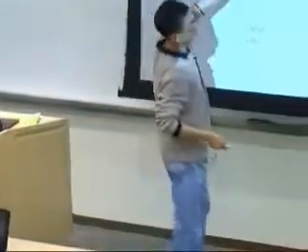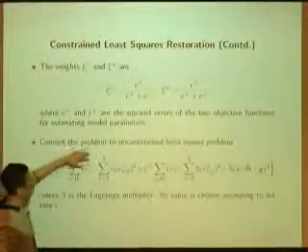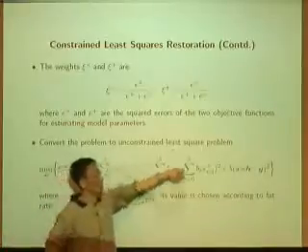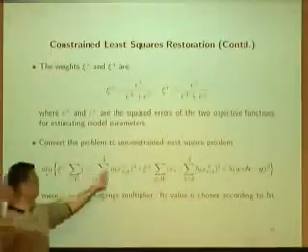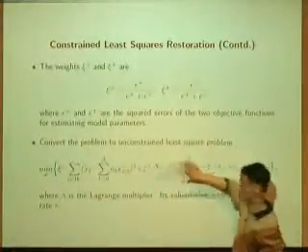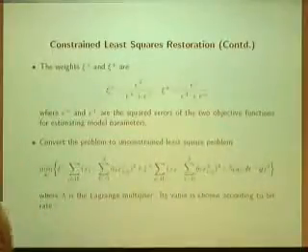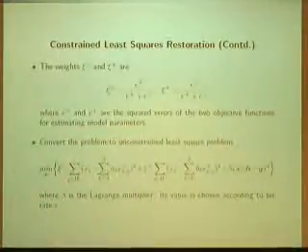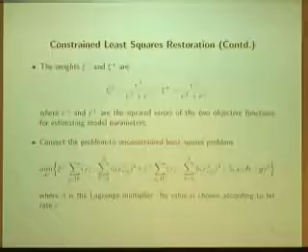Okay, so now we can put all those pieces together and then state the original problem as this unconstrained least square problem. So once we have the weights, we have the model parameters, we have the constraint, right? Then we try to solve this Lagrangian form constrained optimization problem, which can be solved like this. Okay.